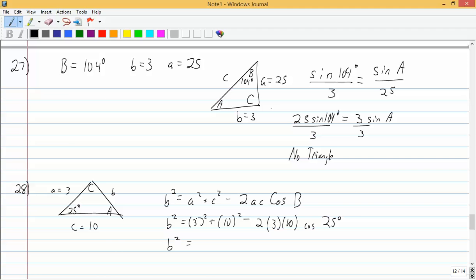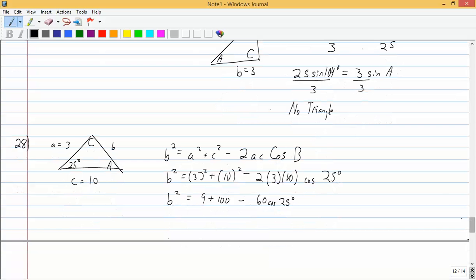So b squared equals 9 plus 100 minus 60 cosine 25 degrees. Alright, so I have 109 minus 60 cosine 25 degrees.